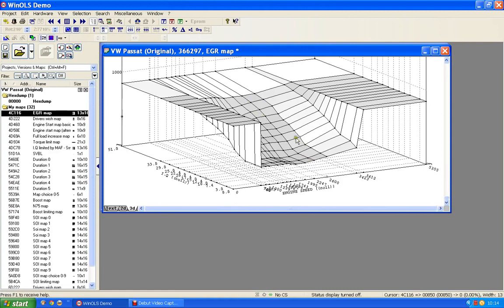Because if the EGR appears to be shut, other maps in the file may well look to see what the EGR values are. And if the EGR value here is supposed to be 250 for the MAF flow and 600 for the EGR flow, if that's the values that are supposed to occur here and you've changed this map and set it to 850, the ECU will immediately flag an error and the mill light will come on the dash.